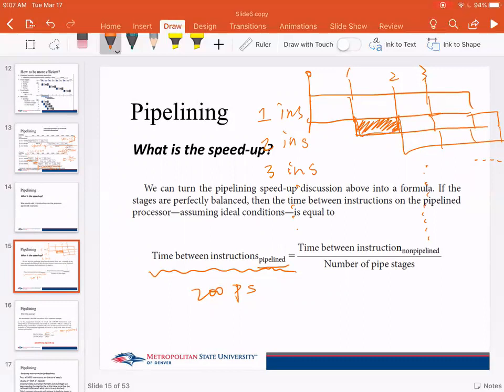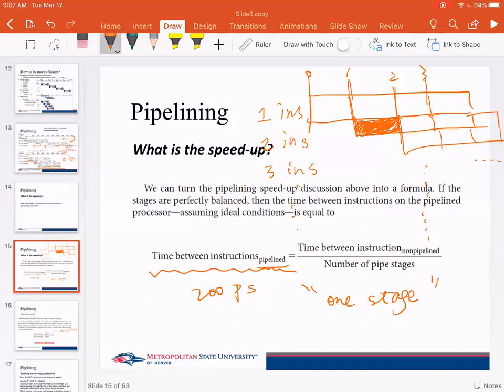So the time between two instructions for a stacked version for a pipeline processor is actually the one stage length.